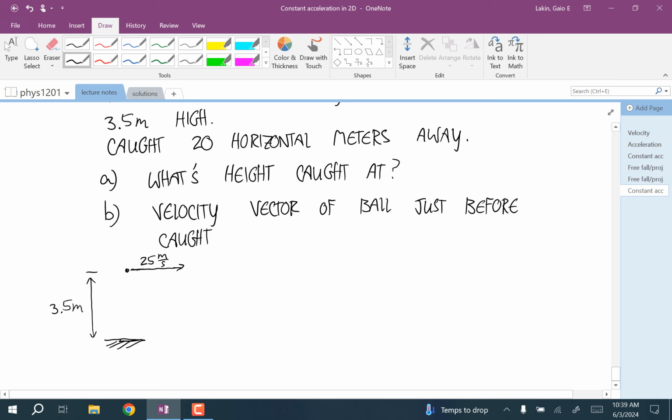And gravity is going to make it follow a parabolic path. And we want to calculate this height, given that this is 20 meters.